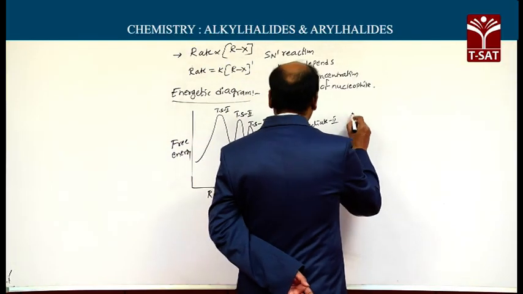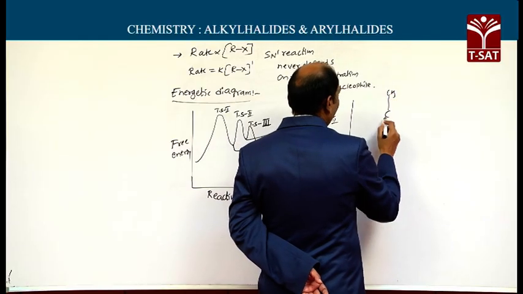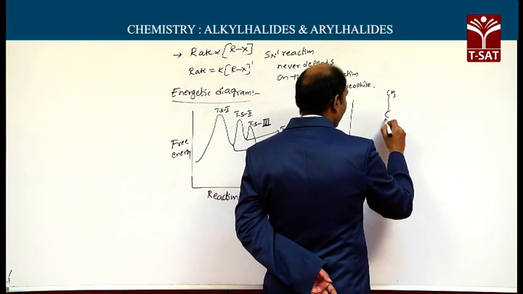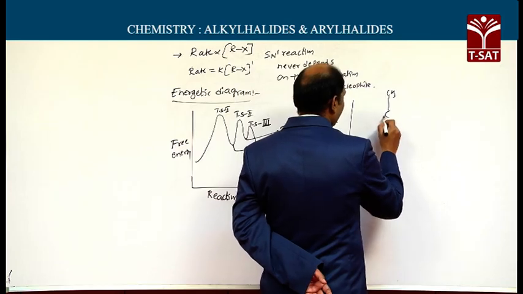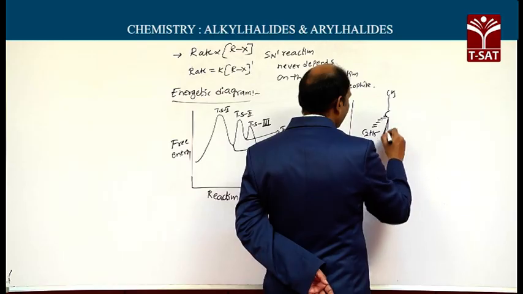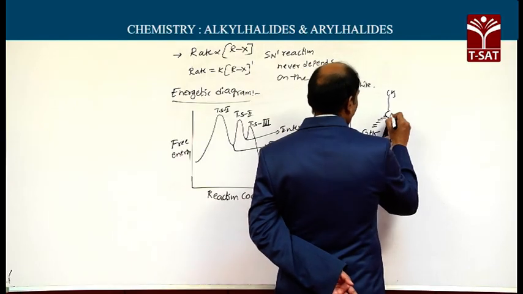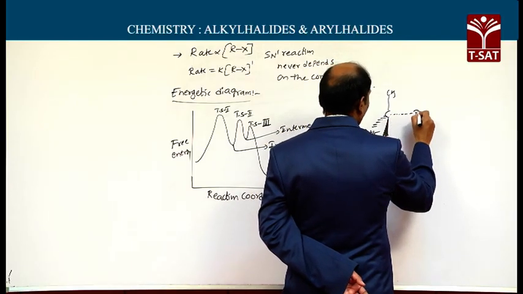In transition state 1, this is CH3, here we have C2H5, and here C3H7. In the C3H7, first of all the iodine undergoes cleavage.